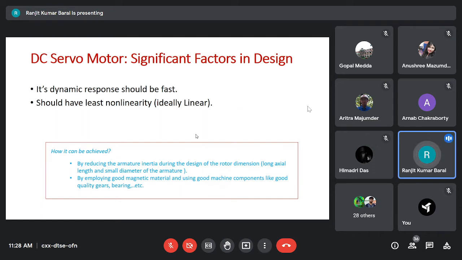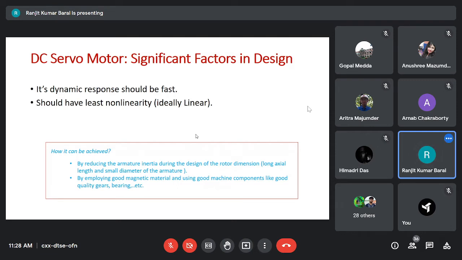When one tooth of the driving gear is touching the driven gear, you will find some gap between the two gear teeth. That is called backlash, and that backlash is a very hard nonlinearity. So you have to select an appropriate gearbox where this type of nonlinearity like backlash is minimum. You cannot avoid backlash, but you can minimize it. Definitely you can minimize it by proper choice of the gear, but that will increase the cost.